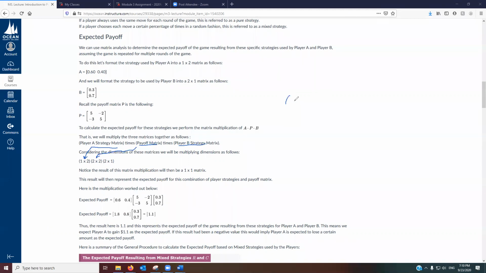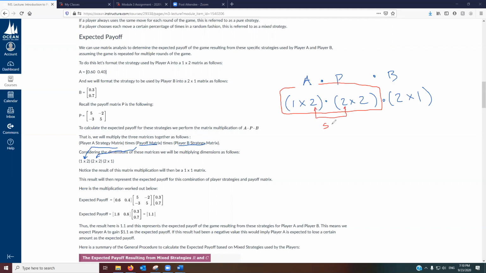Let me write this out here. 1x2, so this is A times P. And then we're going to multiply it by B. B is a 2x1 matrix. Let's do this multiplication first. Are we allowed to do this multiplication? Yes, we are, because these two numbers in the middle are the same.